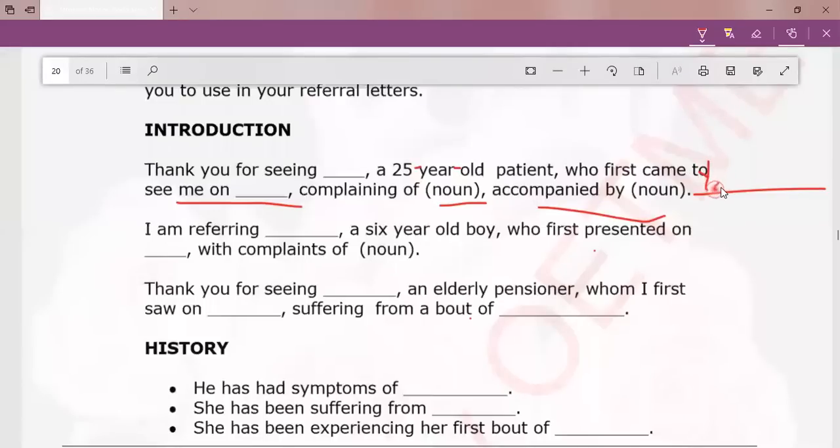Your further management would be highly appreciated.